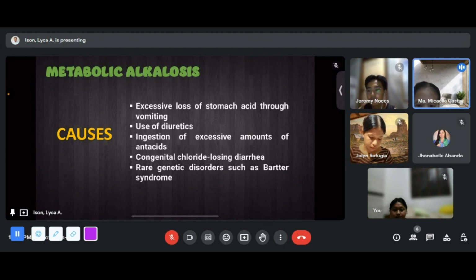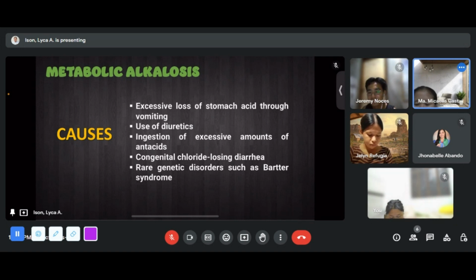So, congenital chloride losing diarrhea. So, ito ay isang rare genetic disorder na nagre-resulta sa matagal na pagtatae or chronic diarrhea na maaaring magdulot ng loss of electrolytes including chloride. The loss of chloride can lead to metabolic alkalosis.